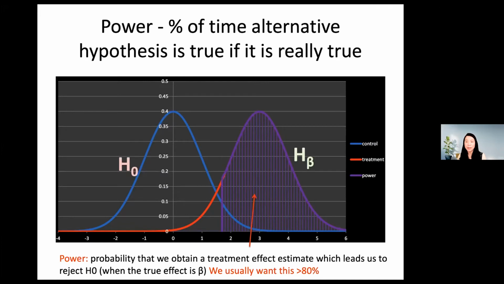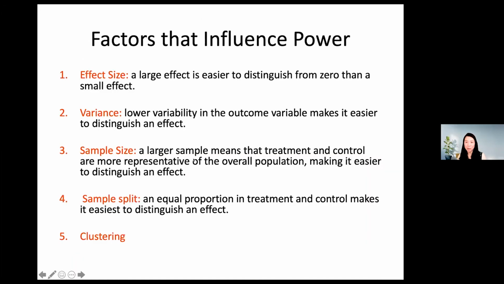It sounds like a lot of information, but just keep in mind that there are many factors that can influence power. The first one is effect size. When your program has a big effect size, it's easier to detect from your sample, right?